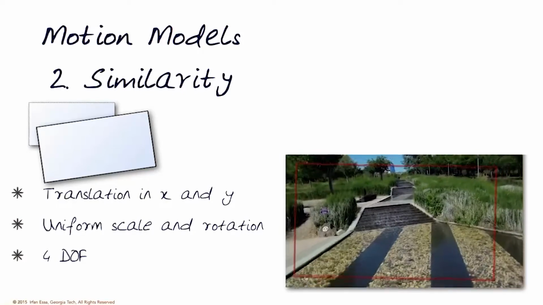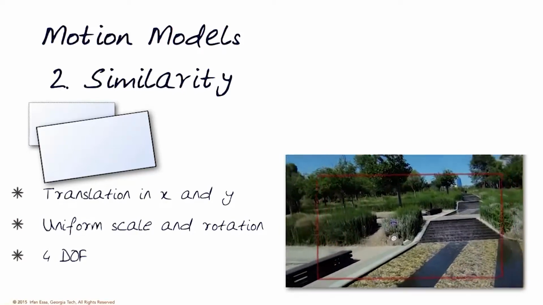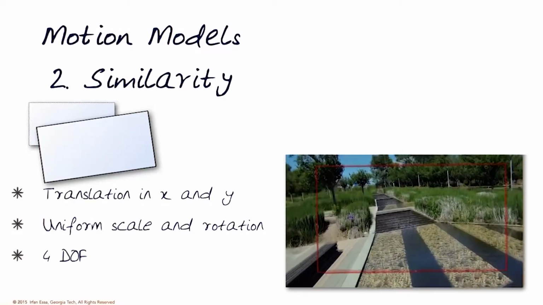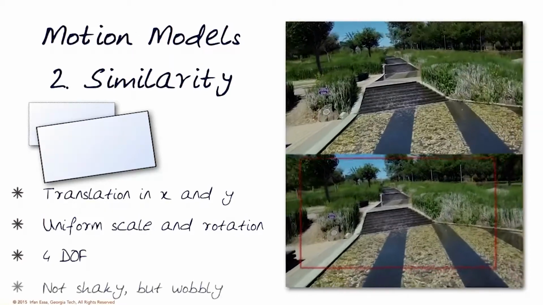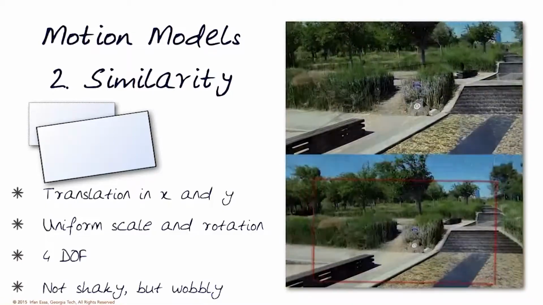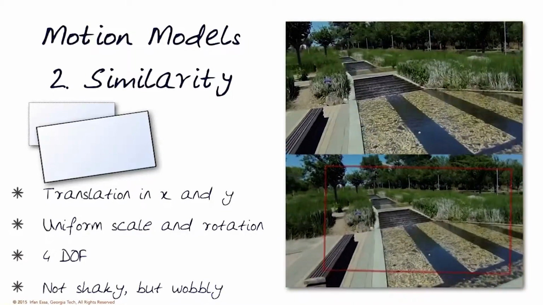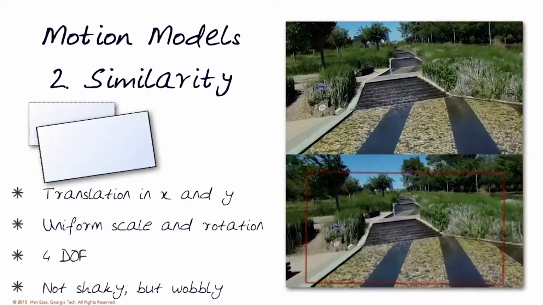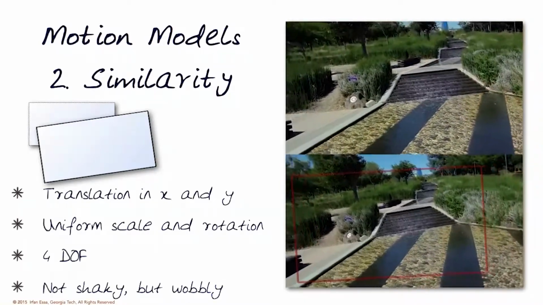It's uniform scale, so it's the same in both. That suggests that my crop window can rotate a little bit, but also can get bigger and smaller a little bit too. And that results in this solution here. Good, it's not very shaky, but it still has a lot of little wobble in the middle of the image. You can see this part shaking around.